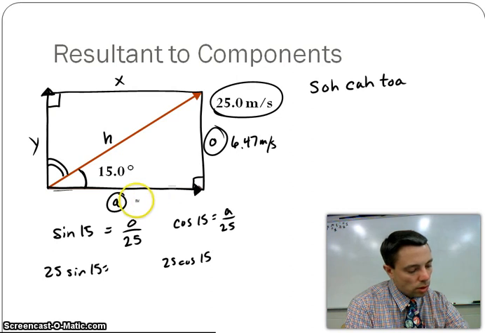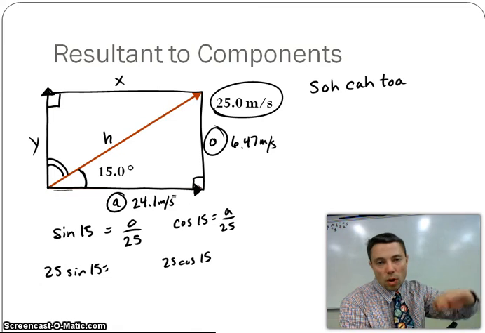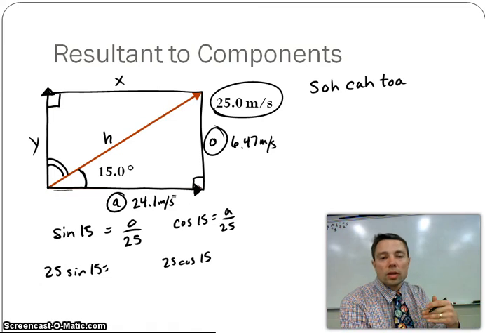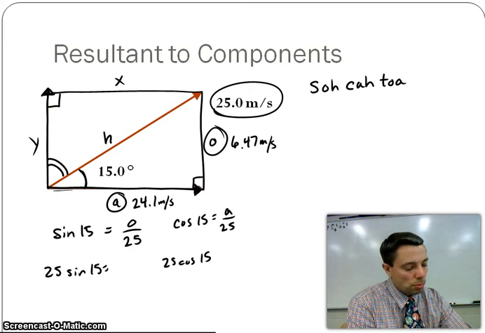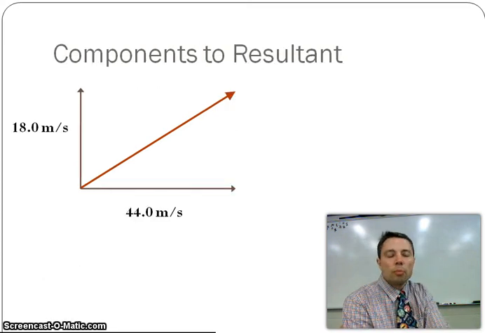And this says that I'm going to be traveling at 24.1 meters per second. Okay? And so that's how we can split things apart. And once we get everything split apart into east, west, north, south components, x, y's, we can then add x's together, add y's together, and then we can maybe put things back into a big resultant. And this is how we go ahead and we make a bigger resultant.